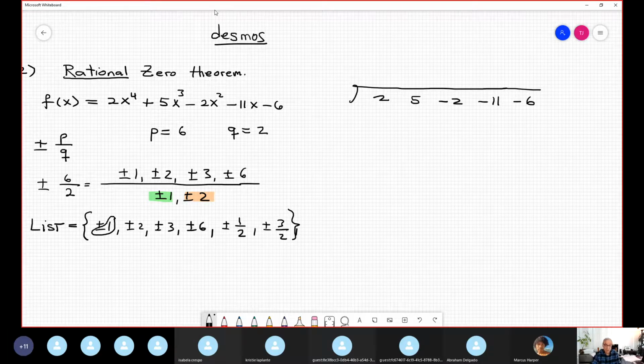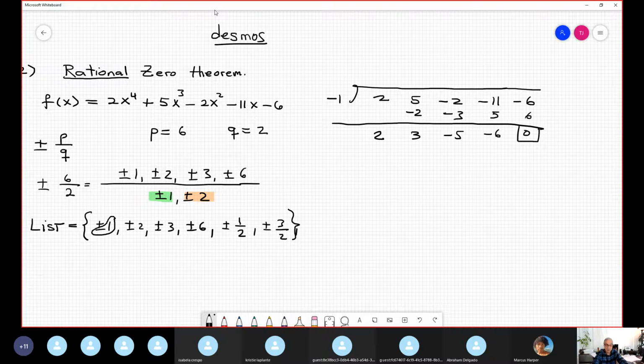Entonces, I'm doing standard division using -1. Bring down 2. Multiplication is -2. Addition is +3. 3 times -1 is -3. Addition is -5. -5 times -1 is +5. And this is -6. -6 times -1 is +6. 0.